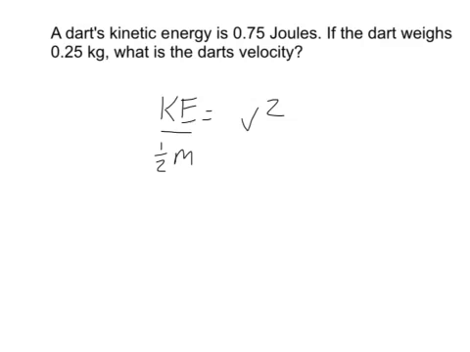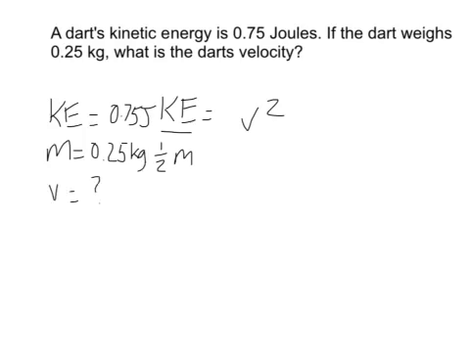Alright, so in this next problem, we're going to be looking at a dart. So a dart's kinetic energy is 0.75 joules. If the dart weighs 0.25 kilograms, what is the dart's velocity? Well, we know that the kinetic energy is 0.75 joules, and we know that the mass is 0.25 kilograms. So, what's the velocity? Well, KE divided by 1/2 m equals velocity squared.